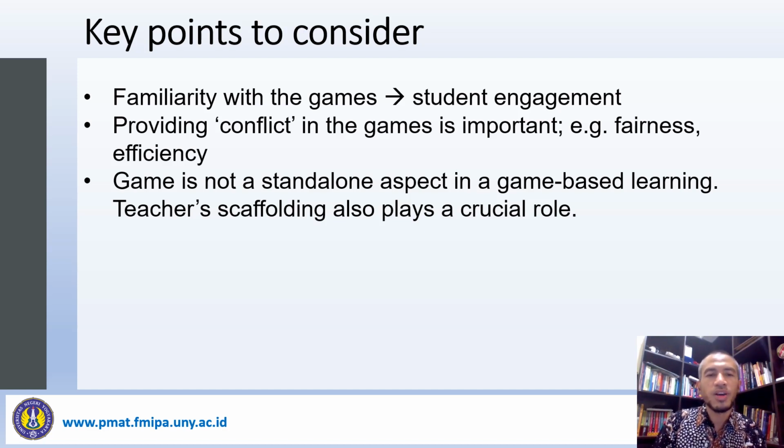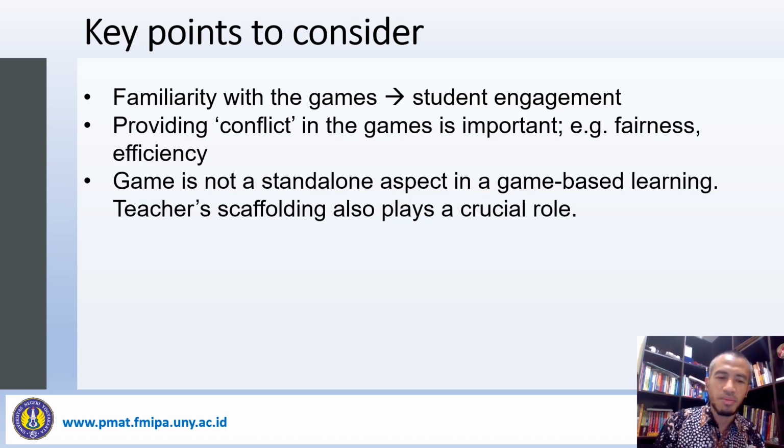The first one is familiarity with games. It's important to use a game which is already familiar for the students because it can improve students' engagement. The second one is providing conflict in the game is important.